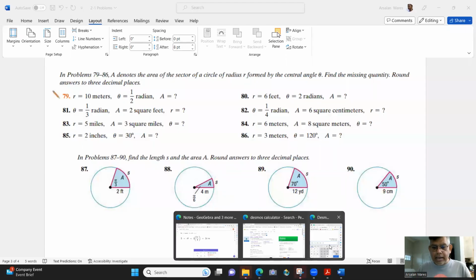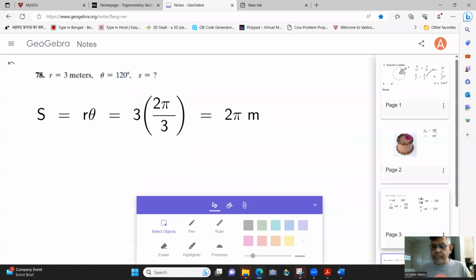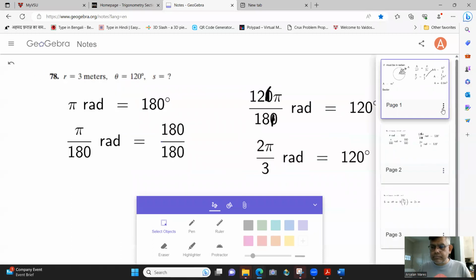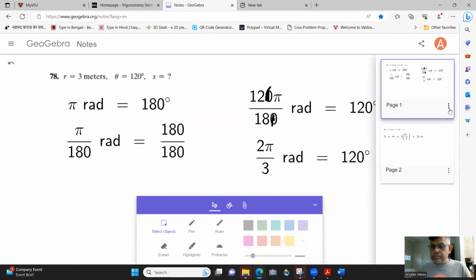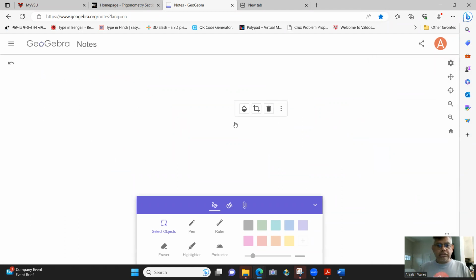So S, they're not talking about S. So I'm not going to be too worried about S. Okay, here's the problem. Number 90, they want us to find A. The radius is 9, and that angle theta is 50 degrees.